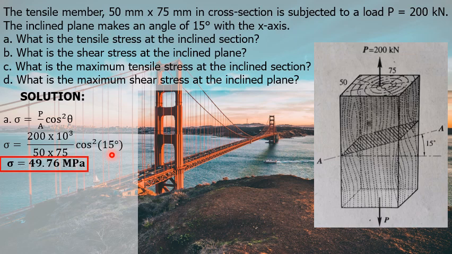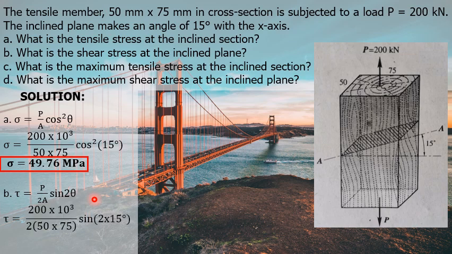In letter B, we are to find the shear stress at the inclined plane. The shear stress at the inclined plane is tau equal to P over 2A sine 2 theta. Again, we simply substitute our given values.